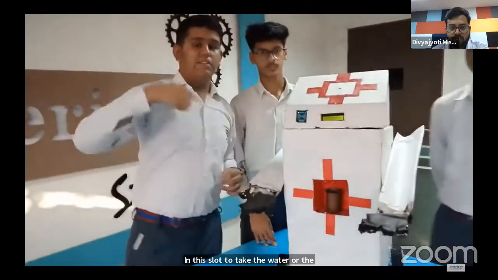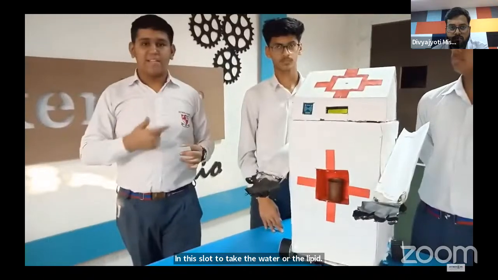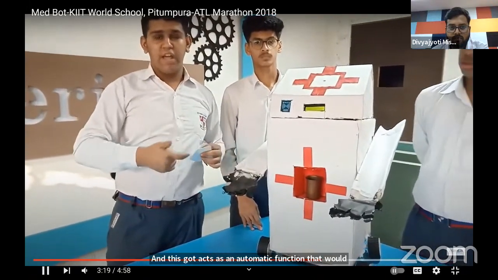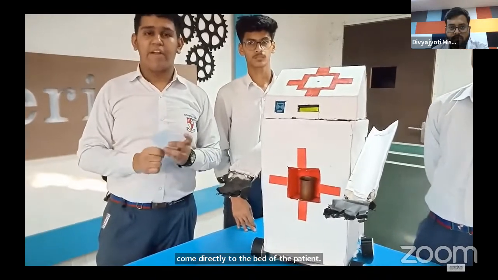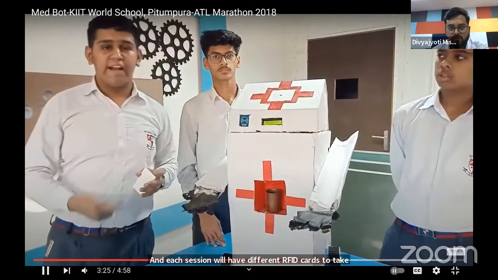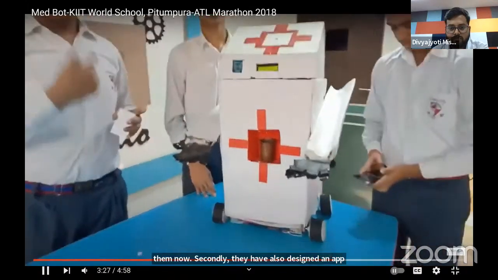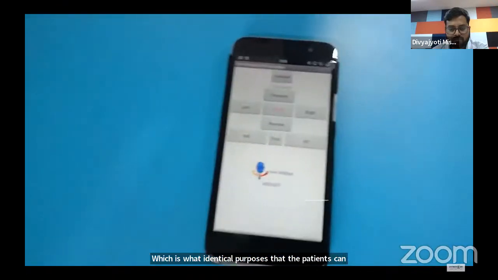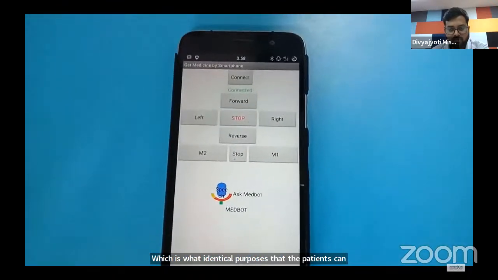And this MedBot acts as an automatic function that would come directly to the bed of the patient, and each patient would have different RFID cards to take their medicines. Now secondly, we have also designed an app, namely MedBot, which is for emergency purposes that the patients can use accordingly when they need the medicine if it's required in any urgency.